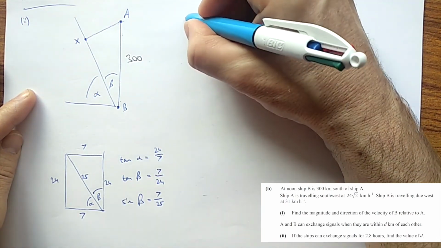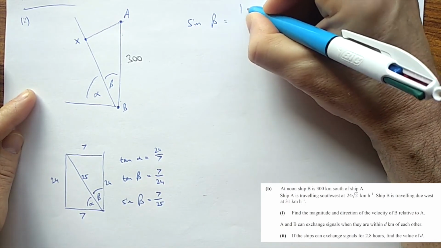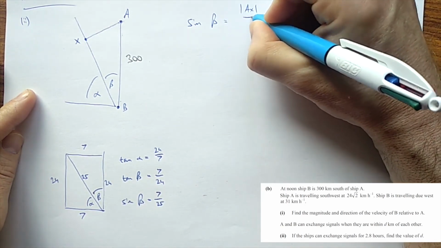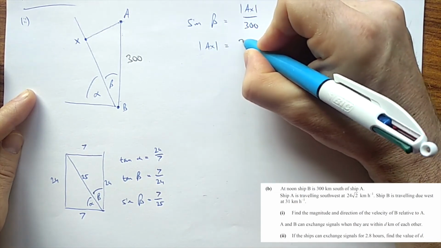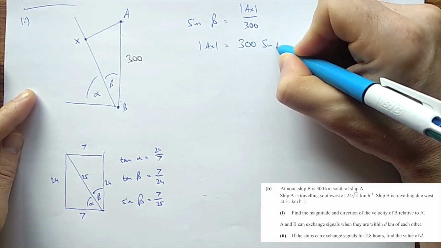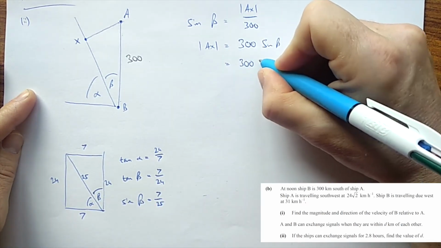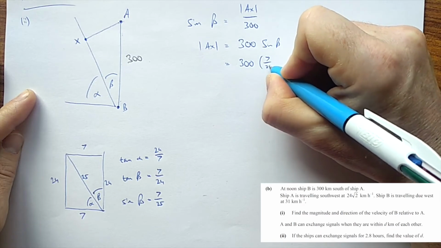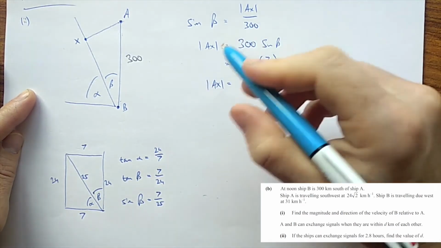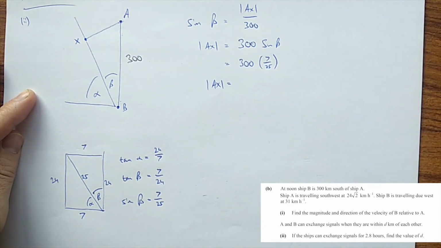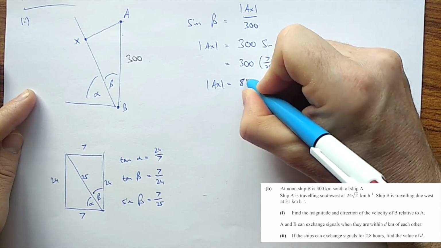Well, sine of beta is AX over 300. So AX is 300 sine beta, and I know that's 7 over 25. 300 times 7 over 25, and this is actually pretty nice. So AX is going to equal 84.